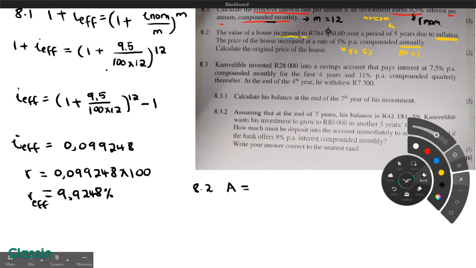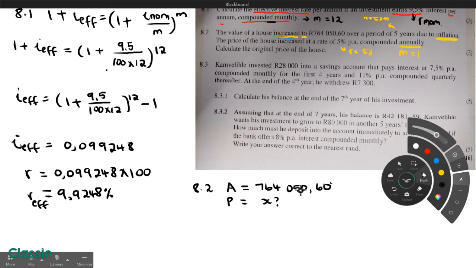Presently we only know what the house is now, but originally we don't know how much the house was. So the value of A is 764,050.60, and initially this was unknown.